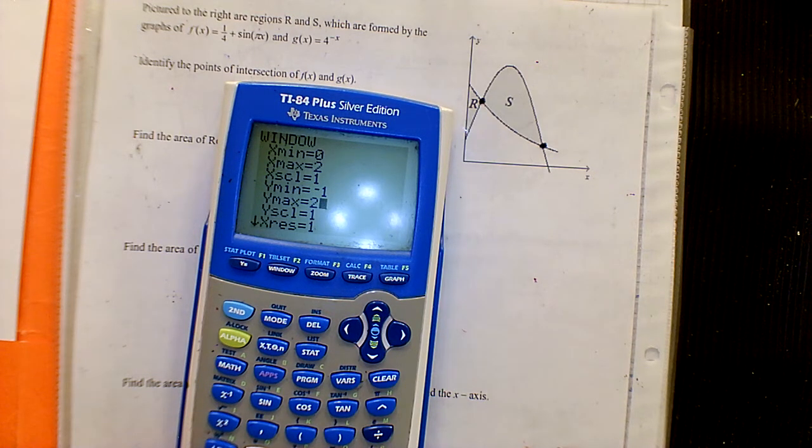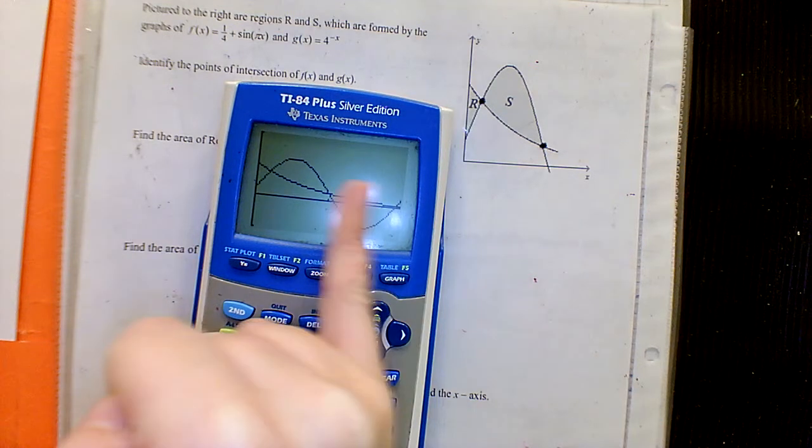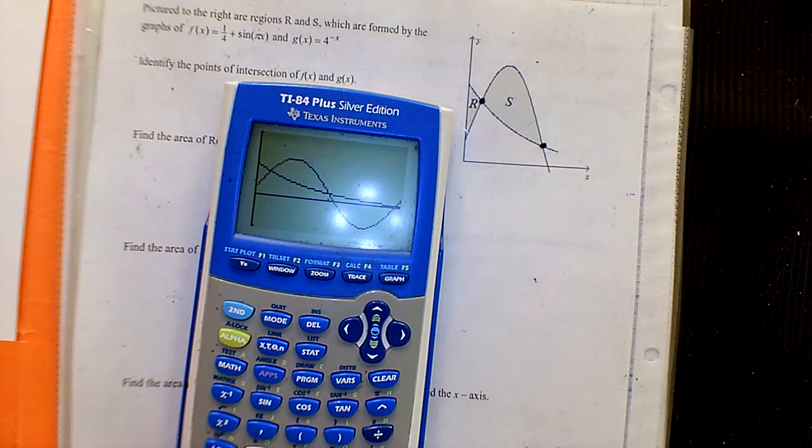Okay, we'll trim it down a little bit. We can always go back and change it if we have to. I'd say that's pretty good. We can just ignore a little bit more to the right here, but at least we can clearly see those intersection points that we're trying to calculate.